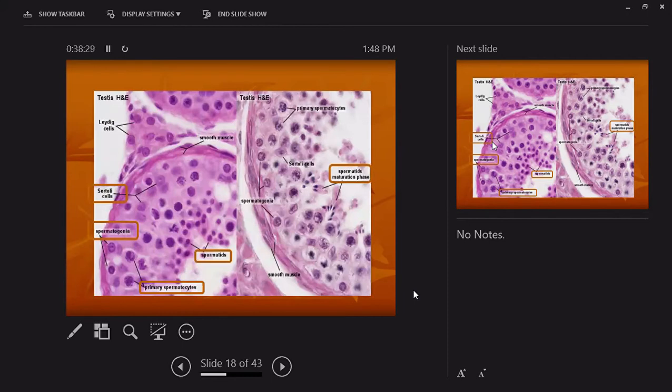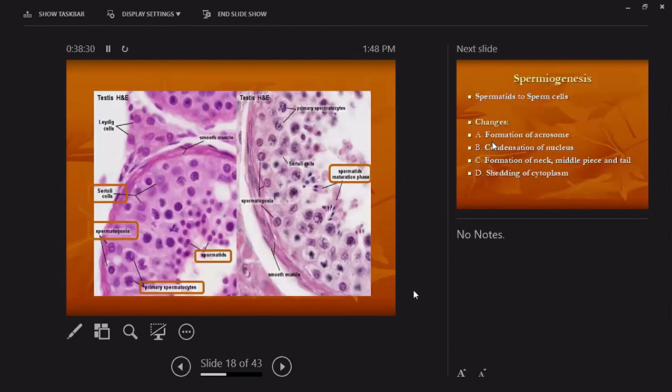Now let's just see. Review the cells. You will have there your Leydig cells. You have there your Sertoli cells, the big ones, pale, big cells.